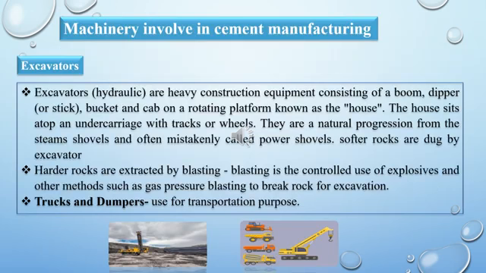Dear students, till now we have discussed what is cement. After that, we have discussed what is hydraulic cement and what is non-hydraulic cement. Then we have said that by changing the input chemicals, we can get different types of cement.